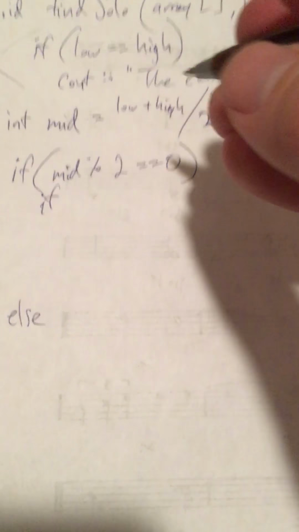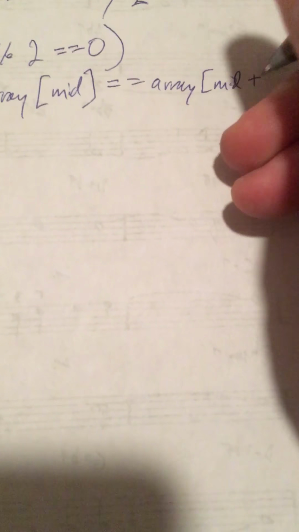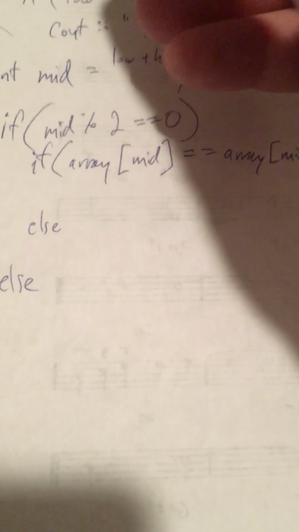So if that's the case, then we do a nested conditional statement, and we can say if array mid equals array mid plus 1, the one above it, then we recursively call find solo and give it new parameters.